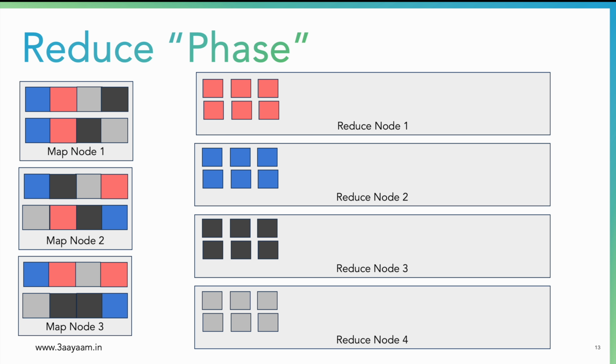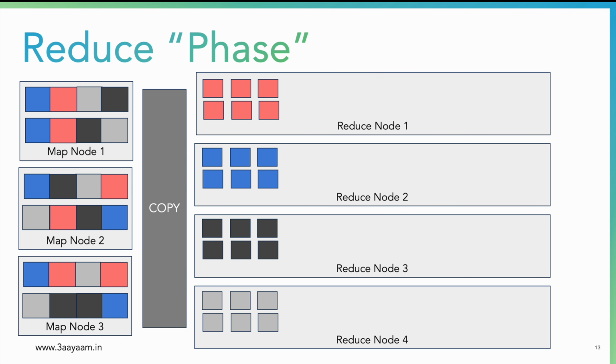One thing is that keys with the same value will always land on the same reduce node, and keys within a certain range would always land on the same reduce node. So now what has happened, the output of the map phase, which are the sorted, partitioned and merged files, the partitions were copied to the reduce nodes based on the key, and each reduce node has its own set of keys.